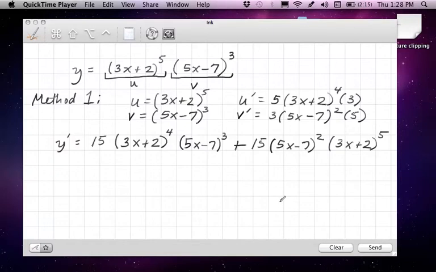And then if I wanted to do some simplifying, I can factor out 2 5x minus 7s, 2 of those since I have 3 here and 2 here. And I've got 4 of those and 5 of those, and I've got a 15.